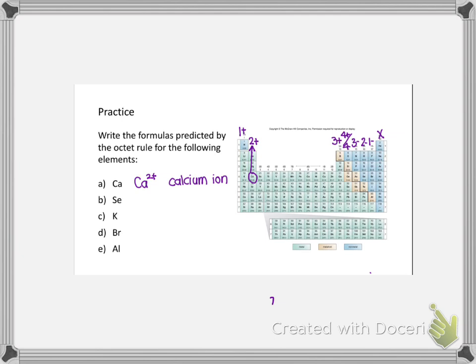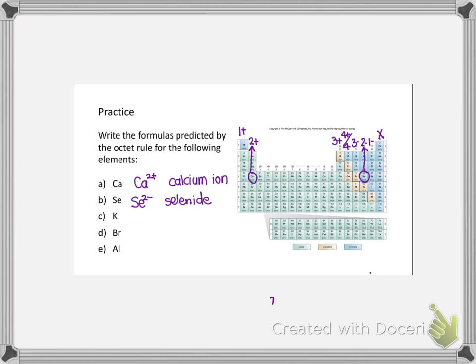All right, so selenium is letter B. So there's selenium over here. It's in group 6A. So selenium, I predict a 2 negative charge. For a negative charge, the ending changes to IDE, selenide. Sorry, it's a weird one.